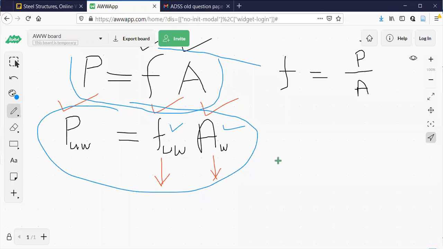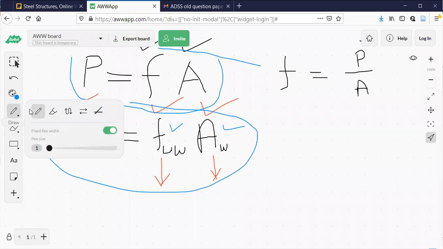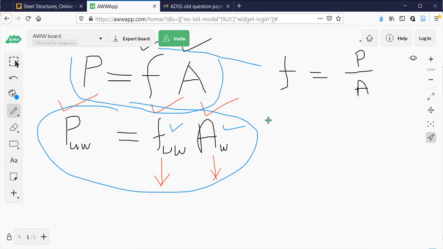What is the meaning of throat thickness? Because it is important to understand the resisting area of the weld, then only you will appreciate how much load the weld can resist, or what is the load carrying capacity.